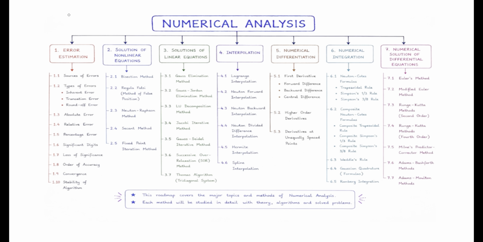In the previous lecture, we completed the chapter on error analysis, where we learned how to measure and interpret errors in numerical computations. Beginning with today's lecture, we enter one of the most important areas of numerical analysis, the solution of nonlinear equations.